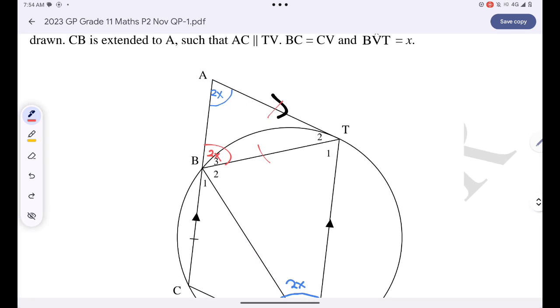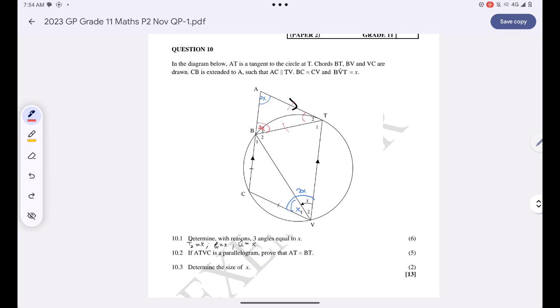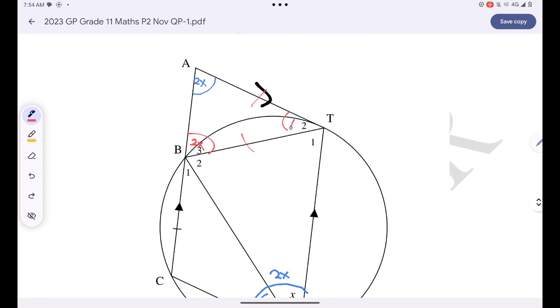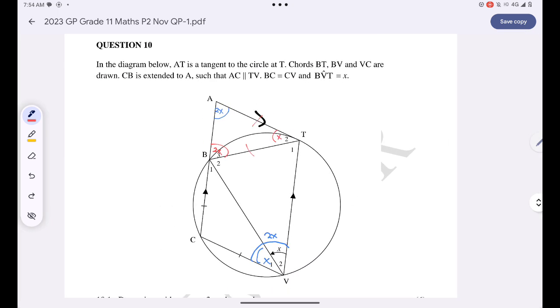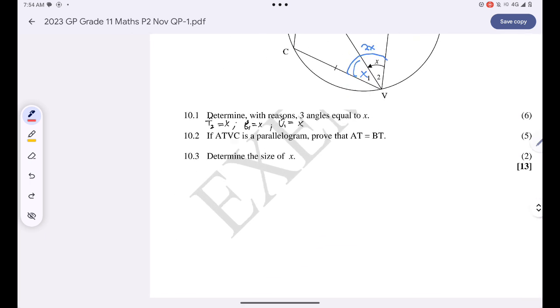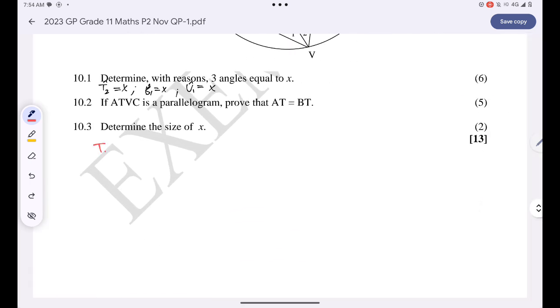Remember that we calculated T2 initially in the first question, 10.1 rather, that T2 is equal to x because of tan chord theorem. So now I can say that angle T2 plus angle B3 plus angle A are all equal to 180 degrees because you have the sum of angles.